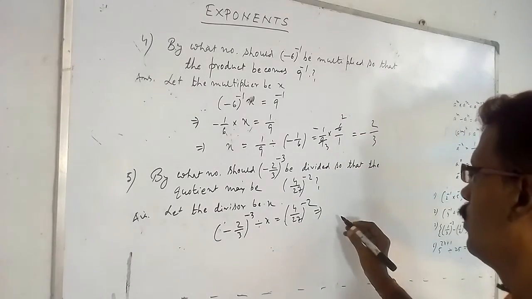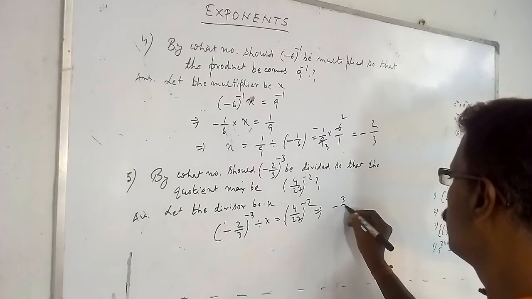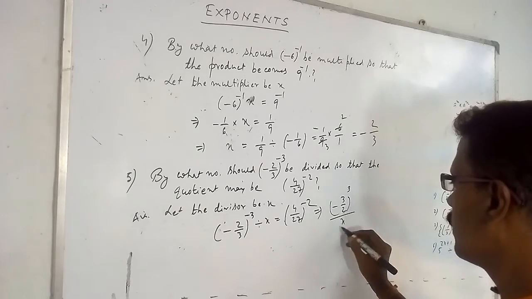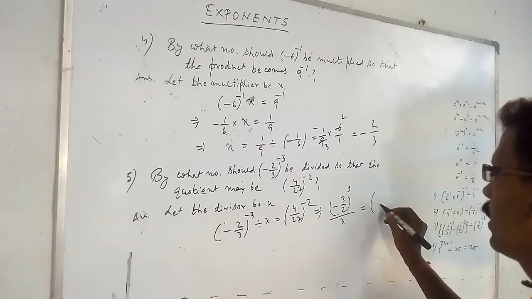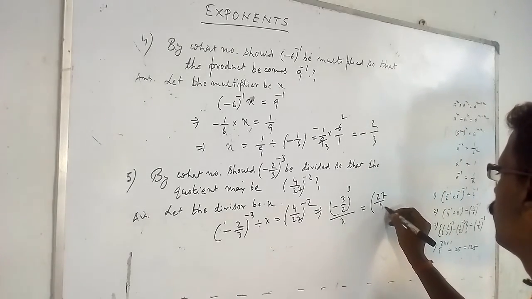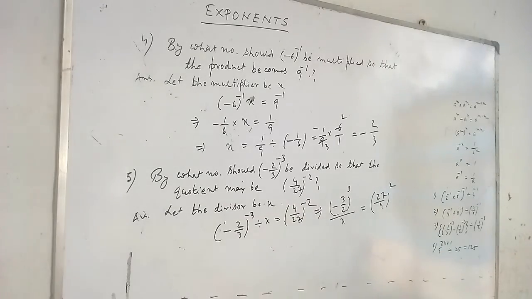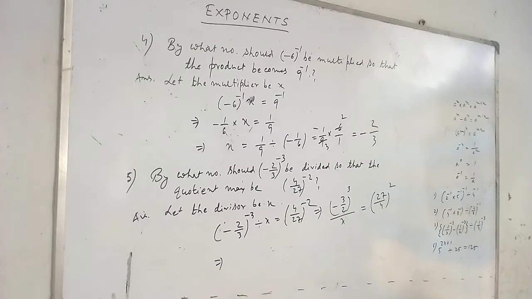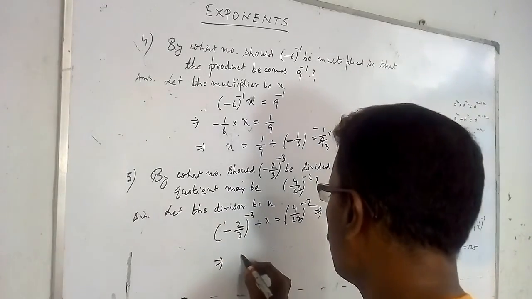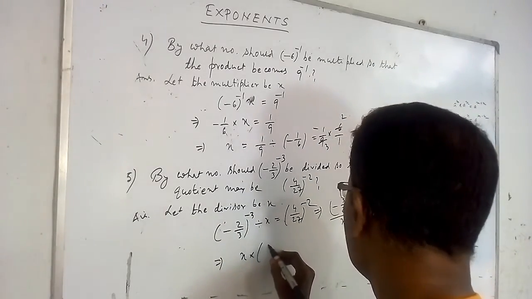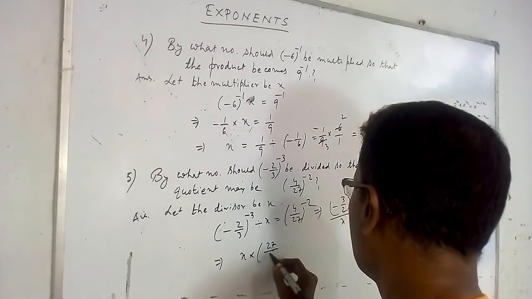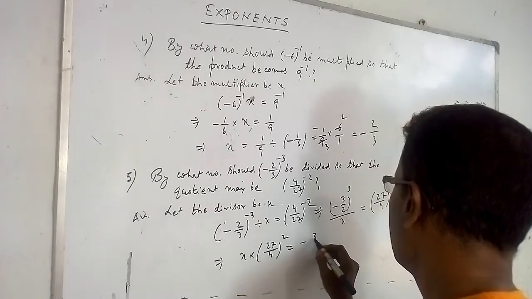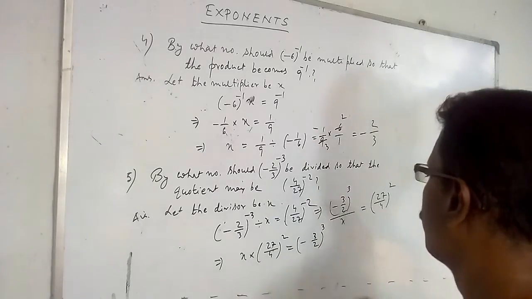It does imply that (-2 by 3) to the power -3, that is (-3 by 2) to the power 3, divided by x, that is x is at the denominator, and here at the right hand side (27 by 4) to the power 2. Okay, now by cross multiplication you can get x into (27 by 4) whole square is equal to (-3 by 2) whole to the power 3.